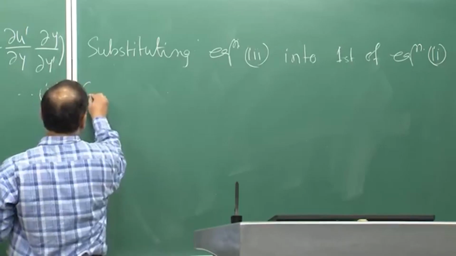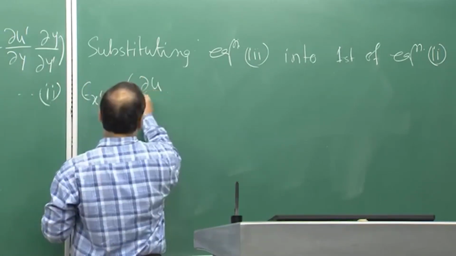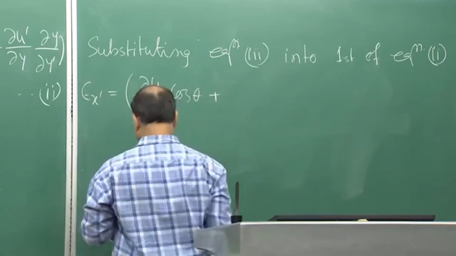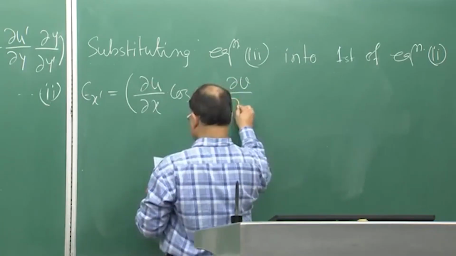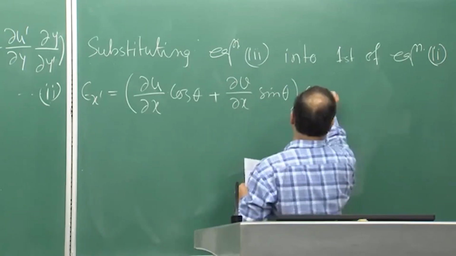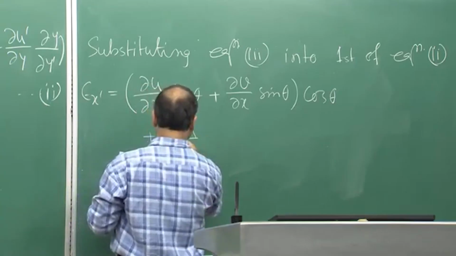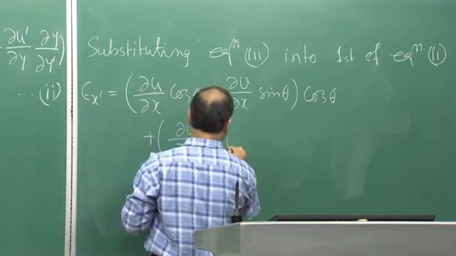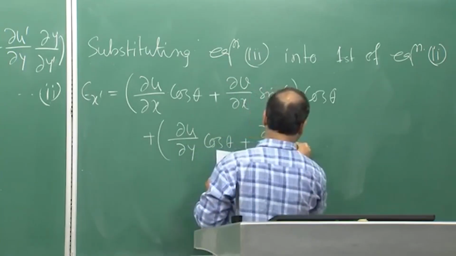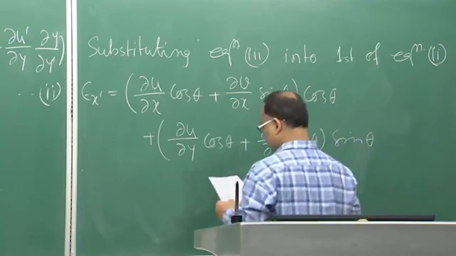So, there if you look at, we can simply write epsilon x prime equal to del u del x cos theta plus del v del x sin theta multiplied by cos theta plus del u del y cos theta plus del v del y sin theta into sin theta.